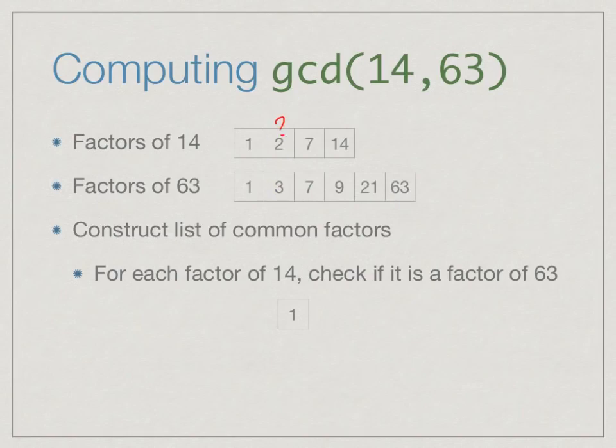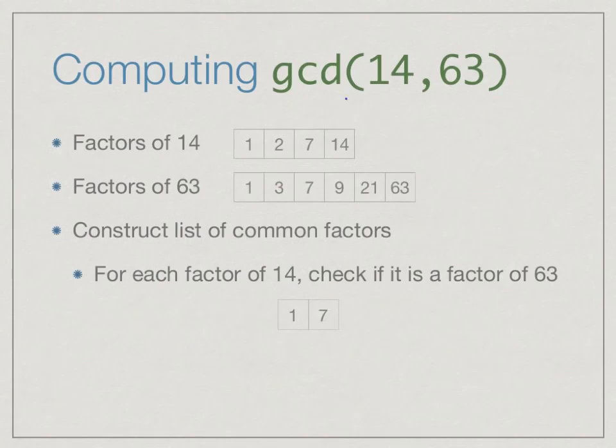Then we look at 7, and we find that 7 does appear, so we add 7. Then finally we look at 14 and find that 14 does not appear, so we skip it. So in this way, we have systematically gone through 1, 2, 7 and 14 and concluded that of these only 1 and 7 appear in both lists.